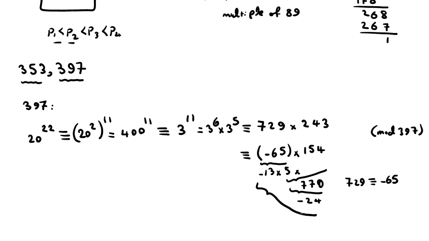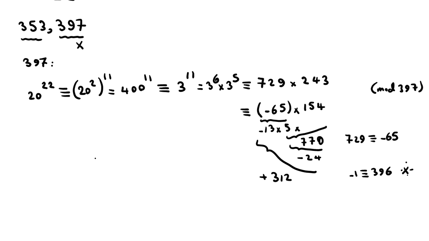And now if you multiply this new number plus 13 times 24, because negative and negative will be cancelled, it will be 312. And it's obvious the remainder is 312, not negative 1, because negative 1 is congruent to 396 here. So that's a contradiction. We've rejected 397.